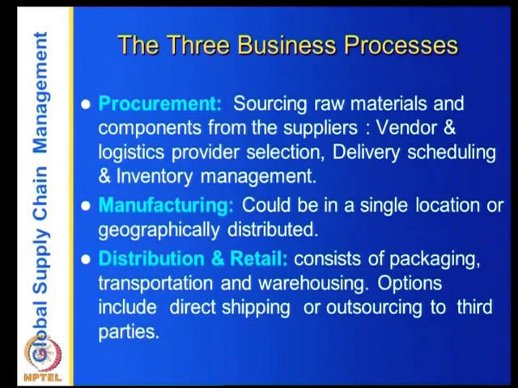So as we saw in the multi-tier supply chain diagram, procurement, manufacturing, and distribution and retail are the three business processes here.